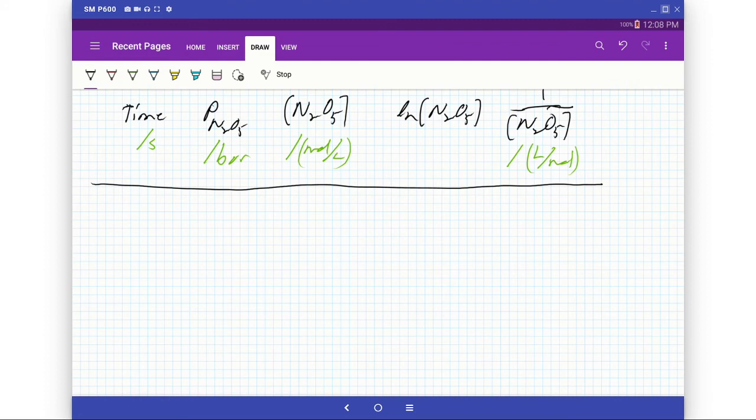We're going to look at data for 0, not every one of them. Again, time and calculations, 20, 40, 60, and 70 seconds.